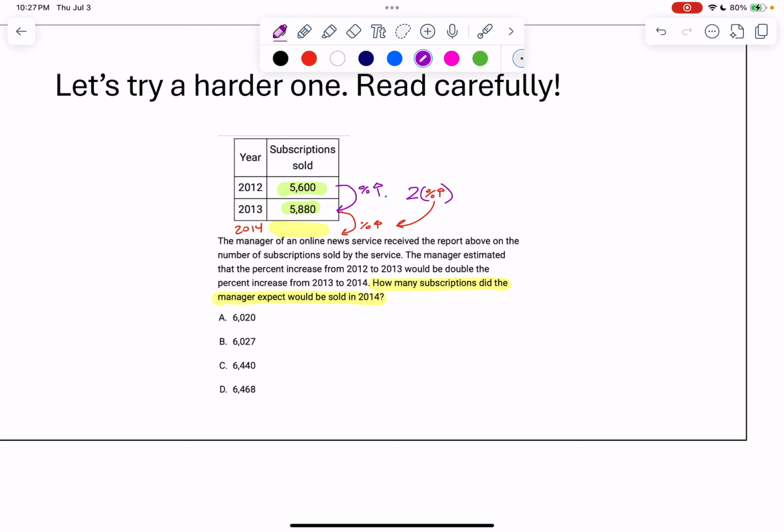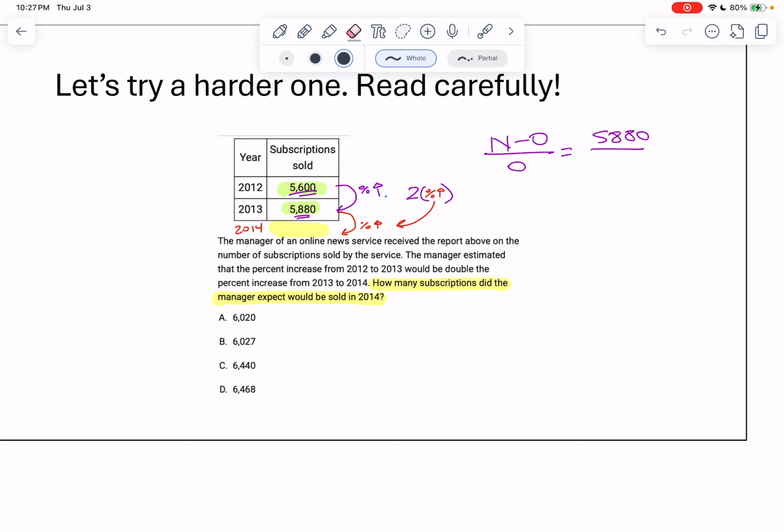We started out with, this is our original, and this is our new. So we'll take our new minus our original and put it over our original. So that's 5880 minus 5600 divided by the original, which is 5600.